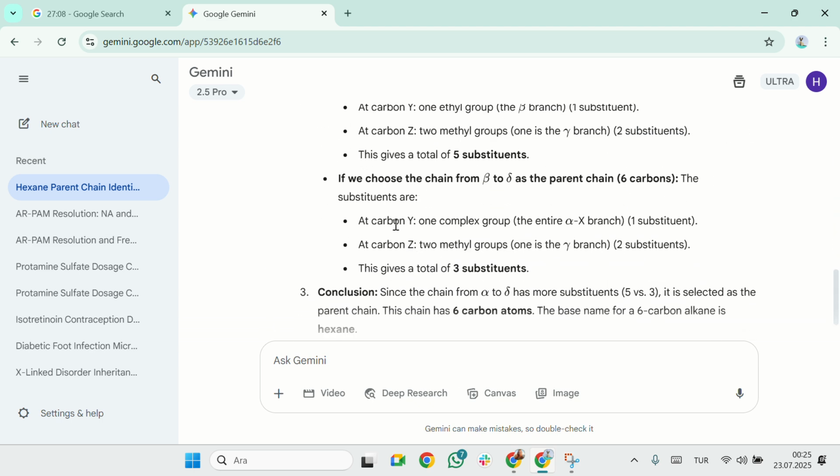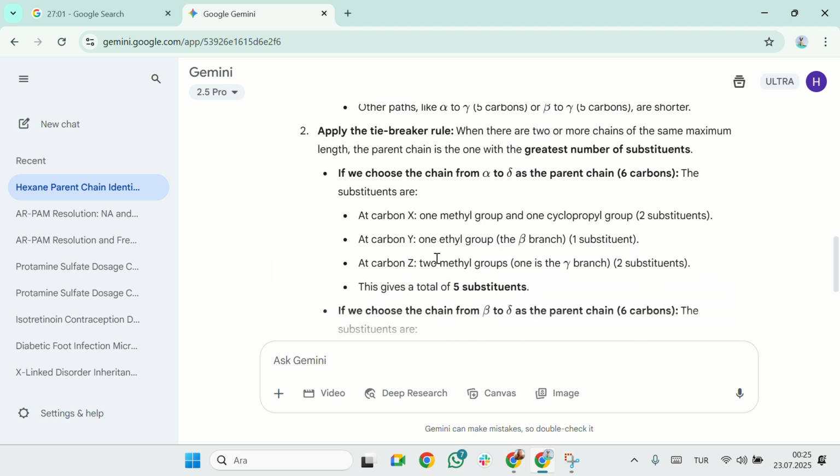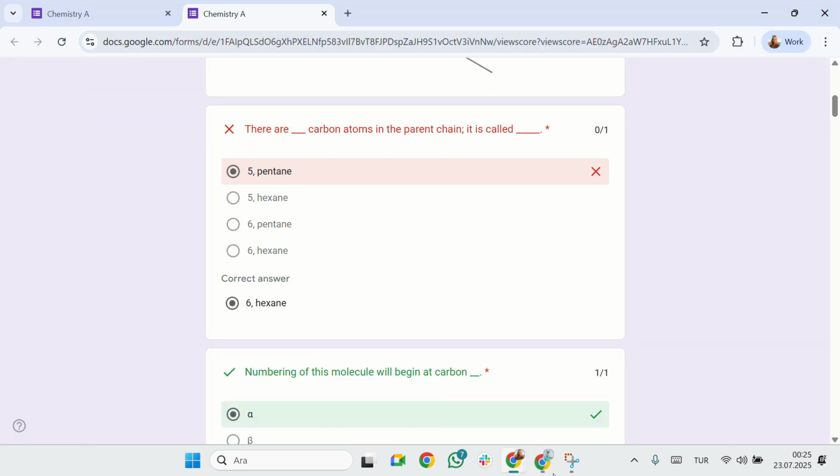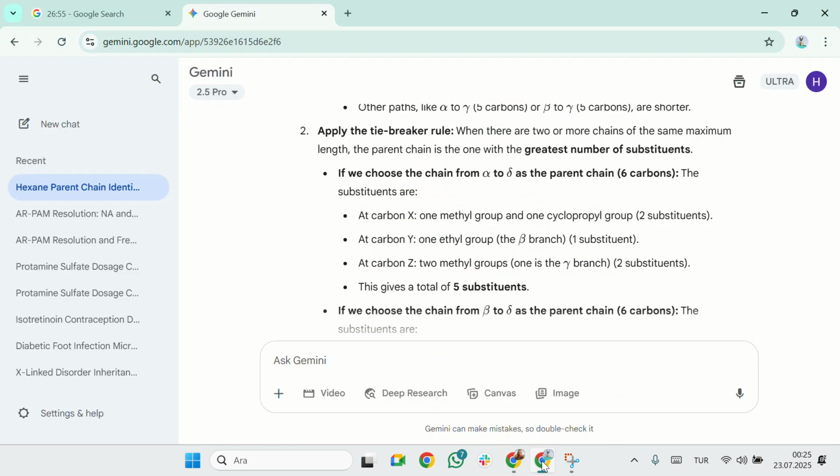The substituents are at carbon Y, 1 complex group, and let me see it from here. Y complex group, at X, 1 methyl group and 1 cyclopropyl group.